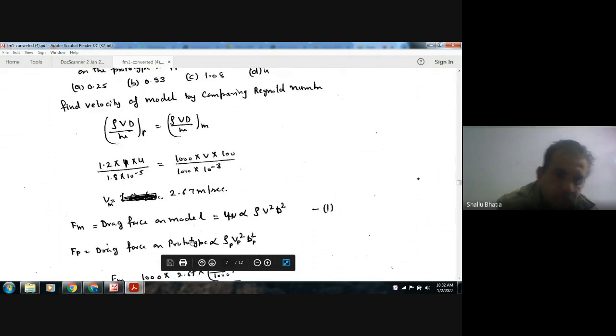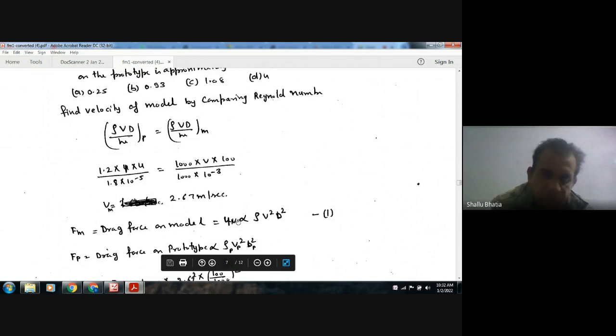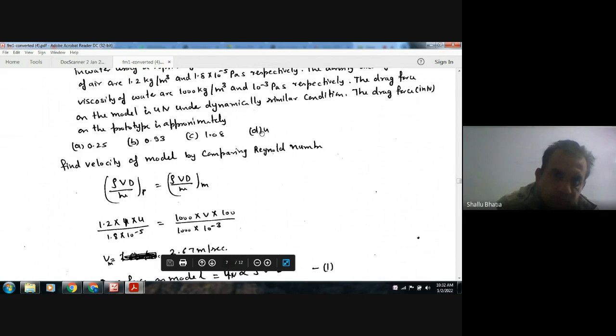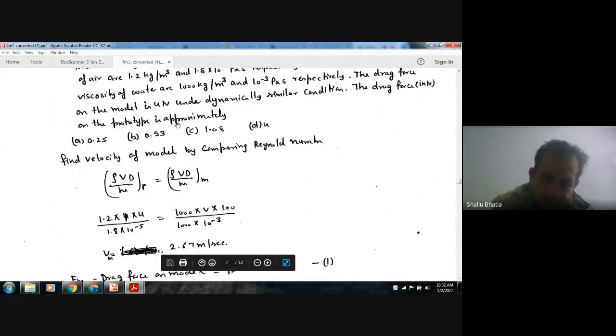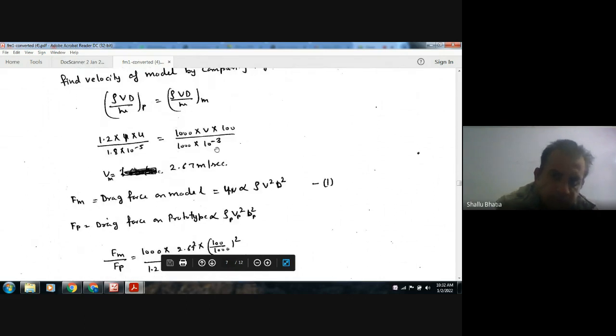Now the drag force on the model is given as 4 Newton. It is directly proportional to rho v square d square, where rho is density, v is velocity, and d is diameter. You can say it is half C_D times half rho u square into area. Area is directly proportional to d square.